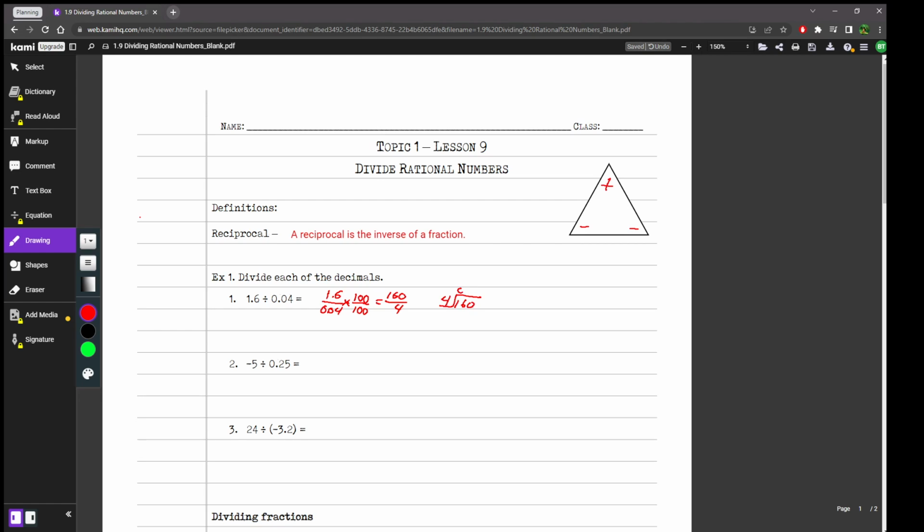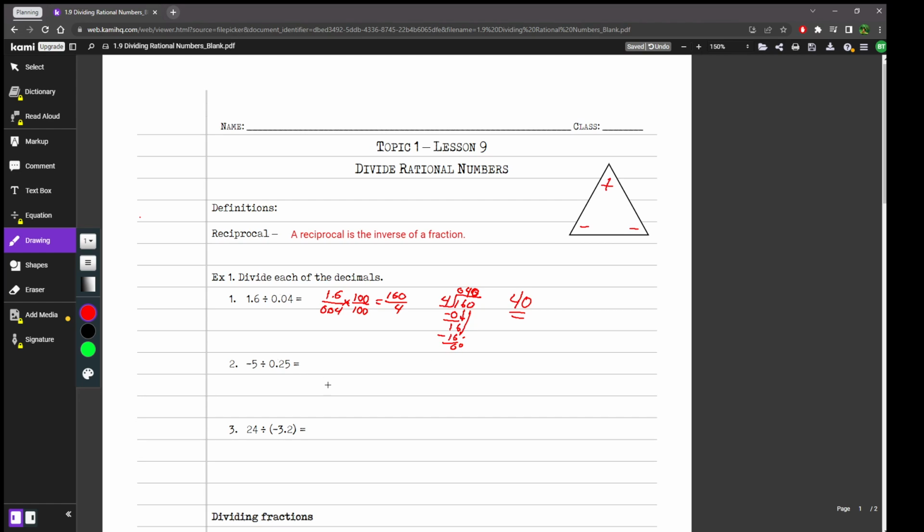Well, 4 goes into 1 0 times. 0 times 4 is 0. Bring down our 6. 4 goes into 16 4 times. 4 times 4 is 16. 0. 4 goes into 0 0 times. Our answer here is 40.